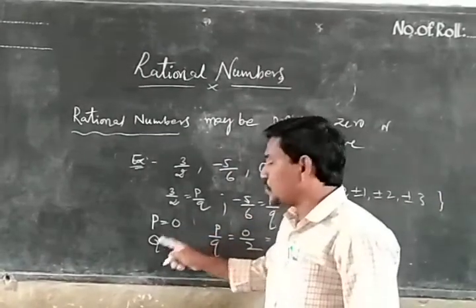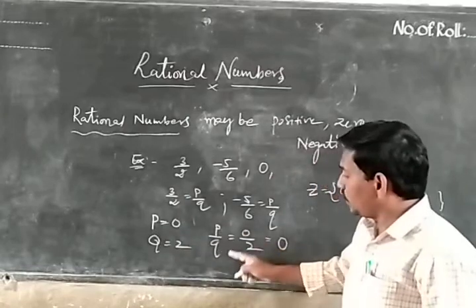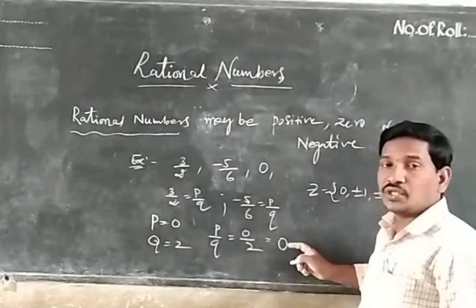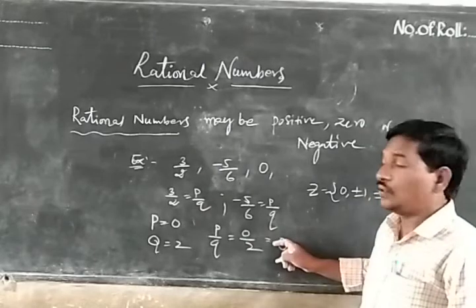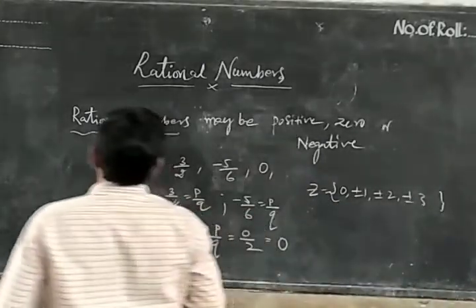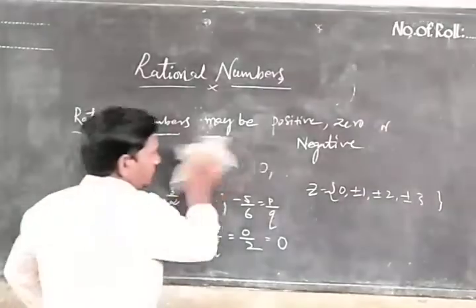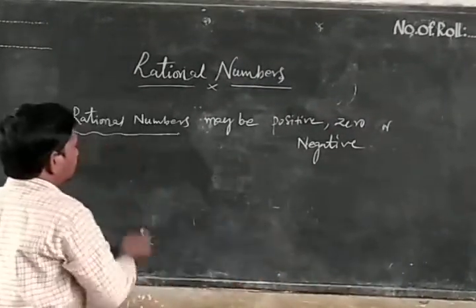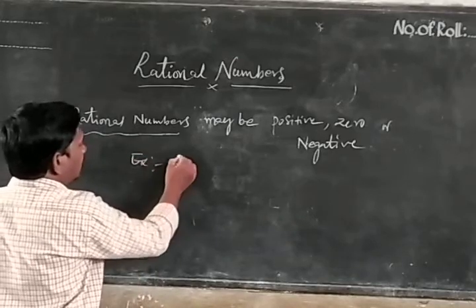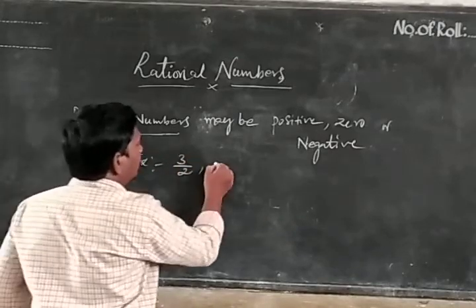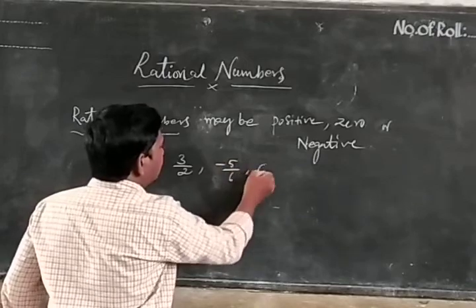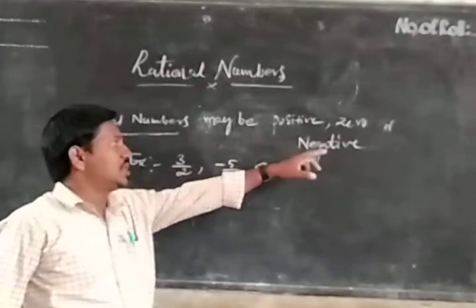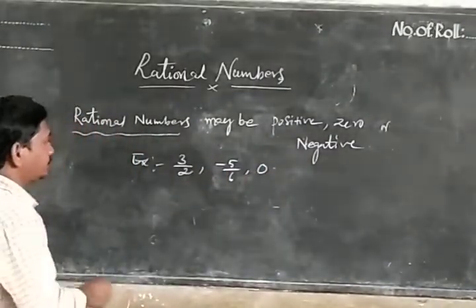If p equal to 0, q equal to 2, p by 2 equals 0 by 2, which is 0. 0 by anything is 0. So 0 is also a rational number. Write the examples: 3 by 2, -5 by 6 and 0. So rational numbers may be positive, 0 or negative.